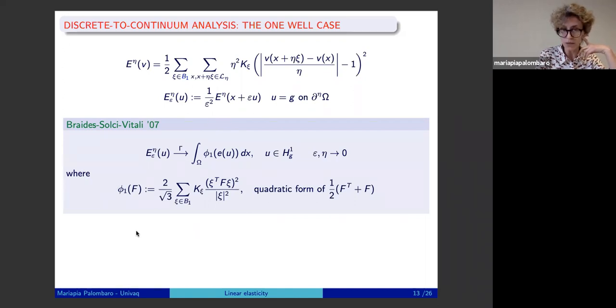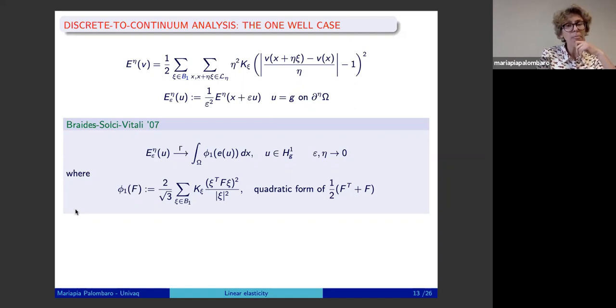Phi1 is given by this. So this keeps track of the discrete nature of the problem. This is the sum over the 6 directions of this quantity. And this functional, of course, only depends on the symmetric part of F, so of the gradient. Okay, so this is the result.